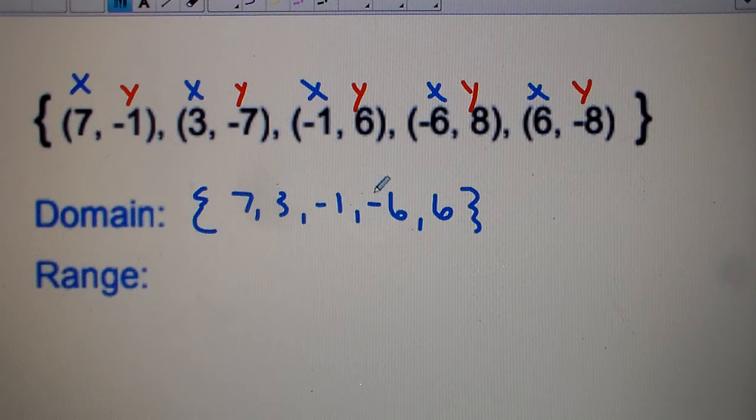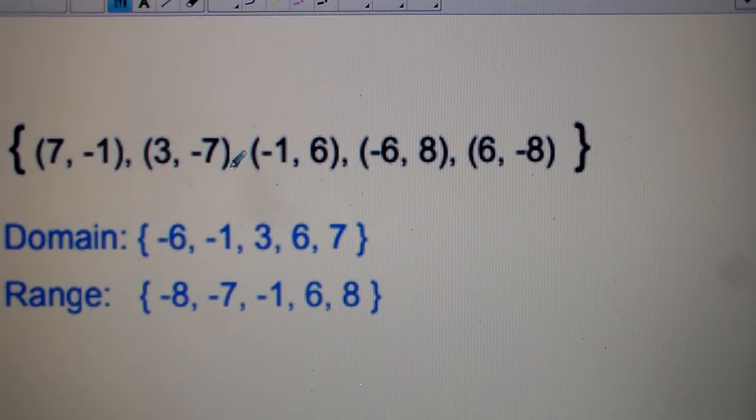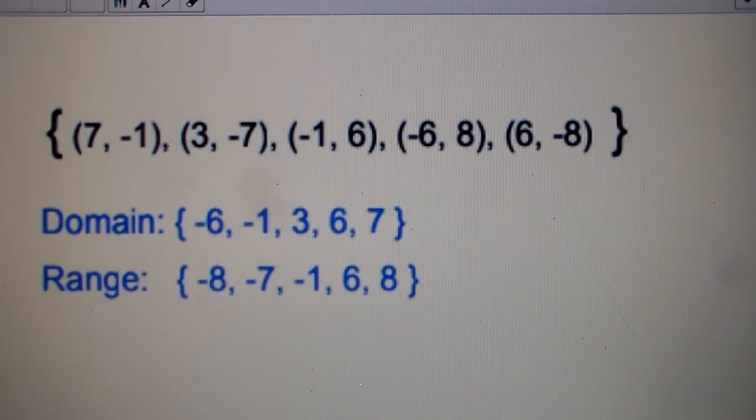Sometimes it's good to list them from least to greatest, but you don't have to. Range: -1, -7, 6, 8, and -8. So that's domain and range. There's your answer.